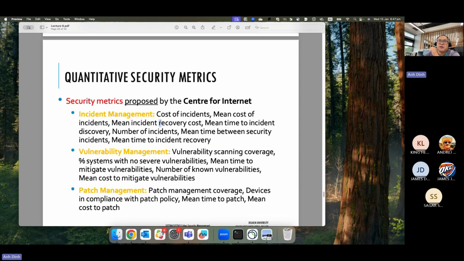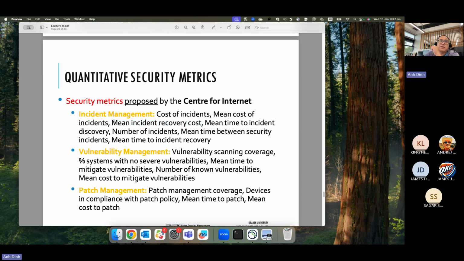And you need another measure that represents the cost of fixing that particular incident. Okay, so these three types of data let you compute the incident recovery cost of one incident. And then after that, you need to get a lot of these in order to calculate the mean, right?